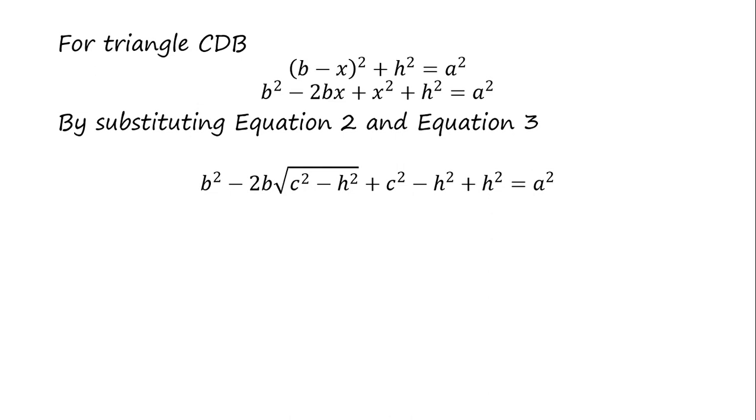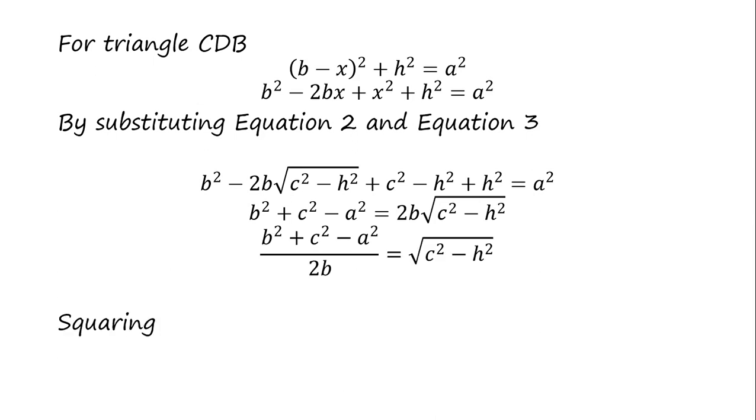We can proceed further to simplify the expression. Taking c squared minus h squared to the right hand side, we are able to come up with that relationship with the square root on the right hand side. By squaring both sides, we now have c squared minus h squared being equal to that expression over 4b squared.